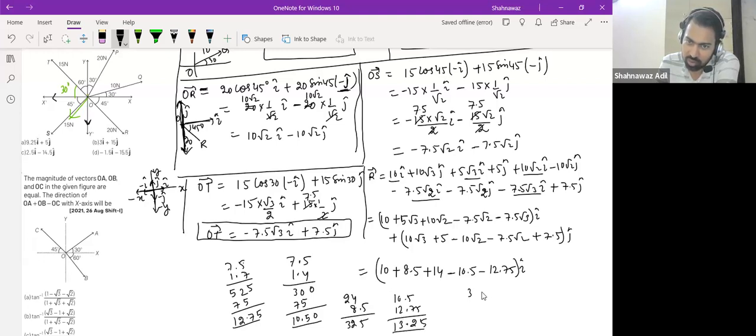So 32.5 minus 13.25, so this is 19.25 for the I component. We don't calculate the J component because we only need this one.